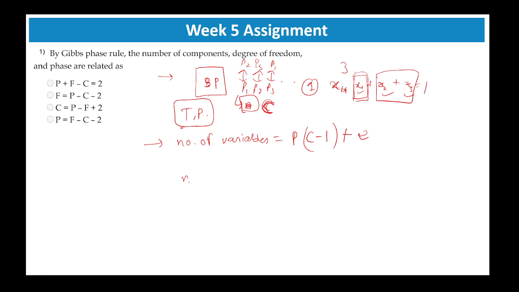Now there will be some amount of constraints, or some amount of values that you will get if you have equilibrium relationships. For example, if you take vapor-liquid equilibrium and you have two phases, vapor and liquid, then you will get one equation from Raoult's law, xi pi set.